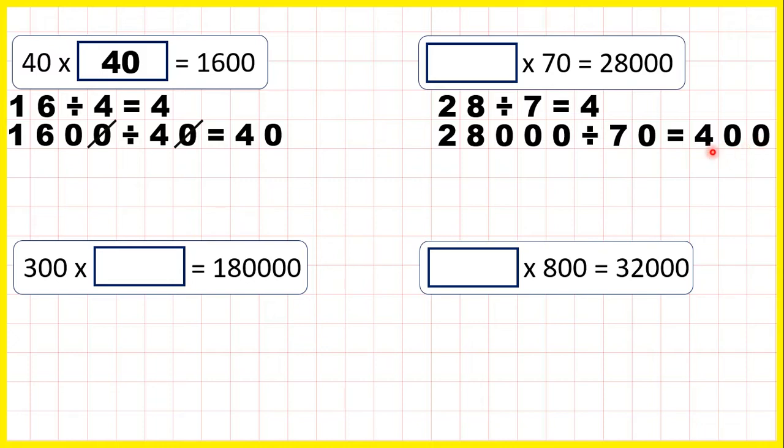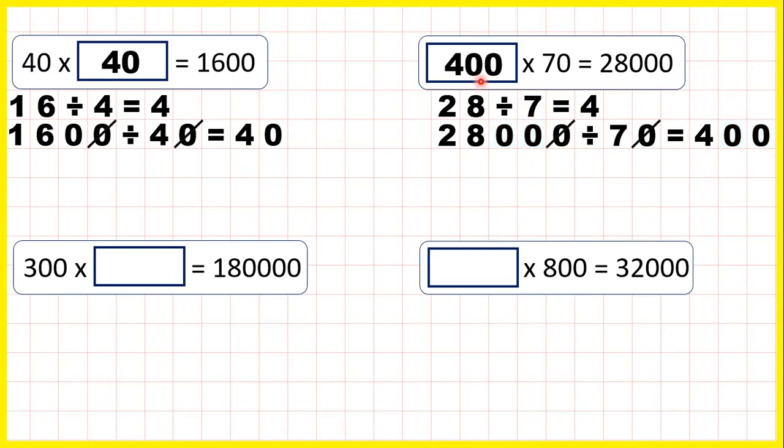Our answer is 400 because we can cancel the 0 on the end, so then we have 2,800 divided by 7. 28 divided by 7 is 4, but there's still 2 end zeros in the dividend, so we need 2 end zeros in the answer.